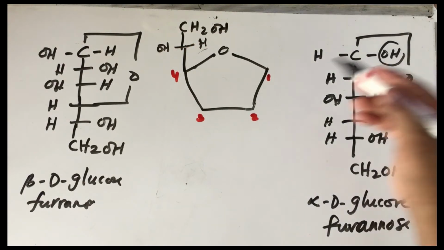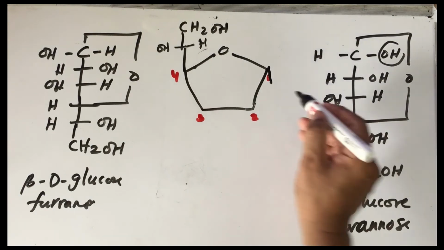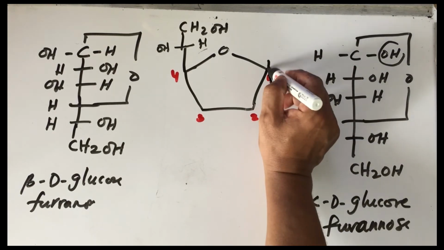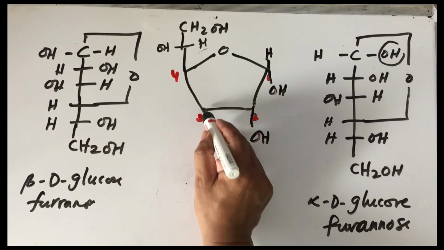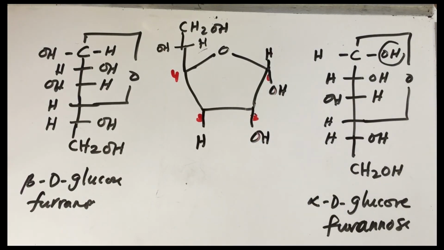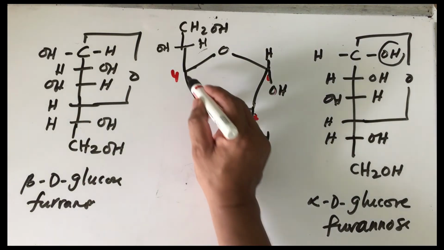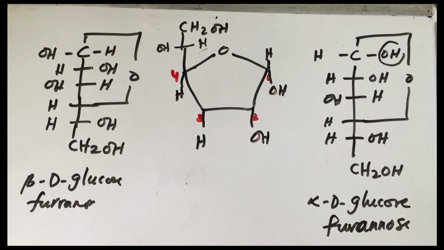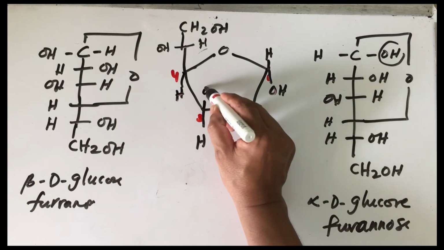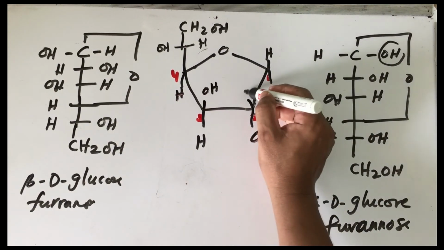In the first carbon atom, as we have seen, the hydroxyl group is on the right hand side, this is H and this is H. Second, hydroxyl group on the right hand side. Third, hydroxyl group here, hydrogen on the right hand side, and the 4th is entering into a linkage, and the 5th is shown there. So the 4th here, hydrogen, and that is how we will draw. This will be a hydroxyl group, this will be hydrogen.